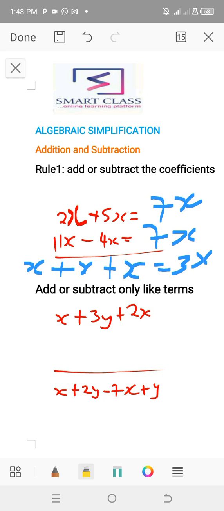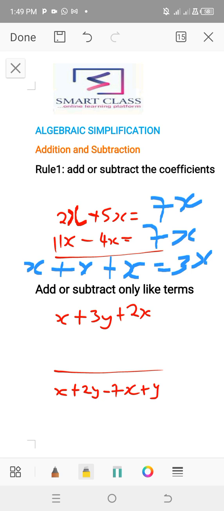What we mean by like terms are terms that are perfectly the same in all aspects except in the coefficient. For example, if you have x and y in an expression, x and y are not like terms, so you don't add x with y.